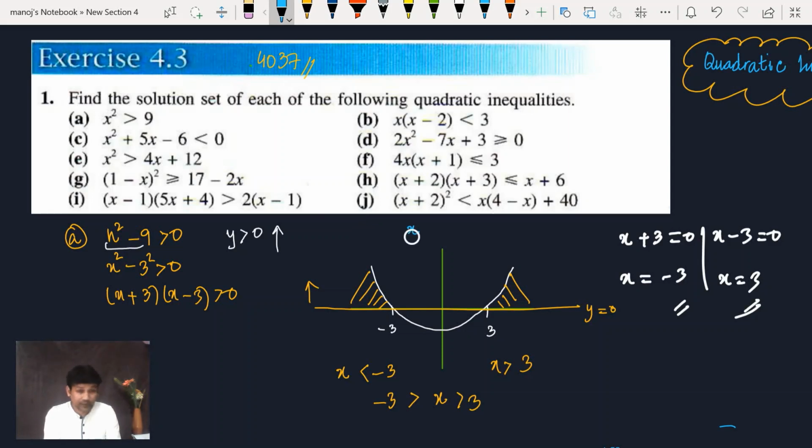Here I'm writing the solution: x in the middle, and here the small value, minus 3, and on the right-hand side the large value, which is 3. Now what you have to do: I will write here the same sign.